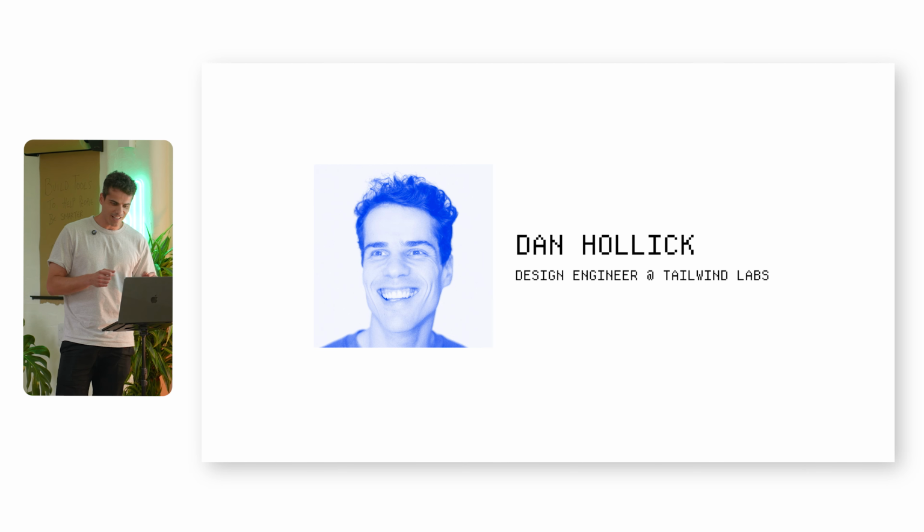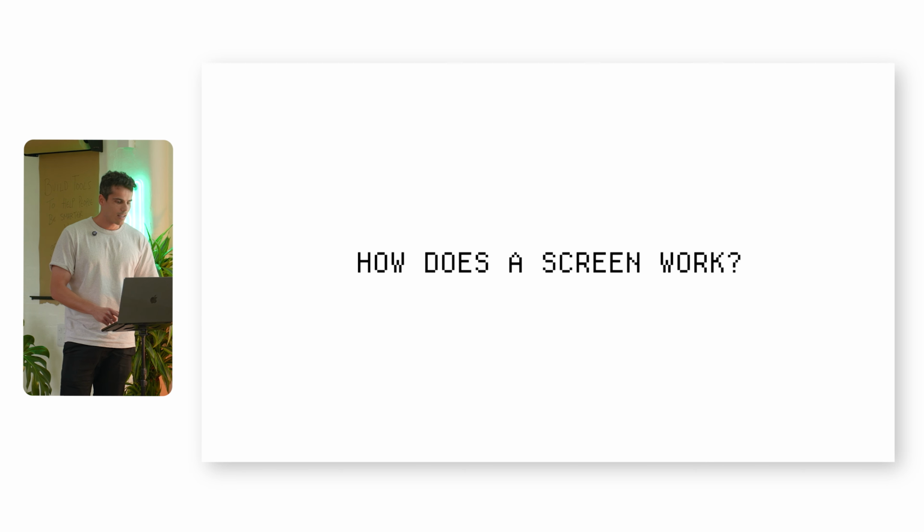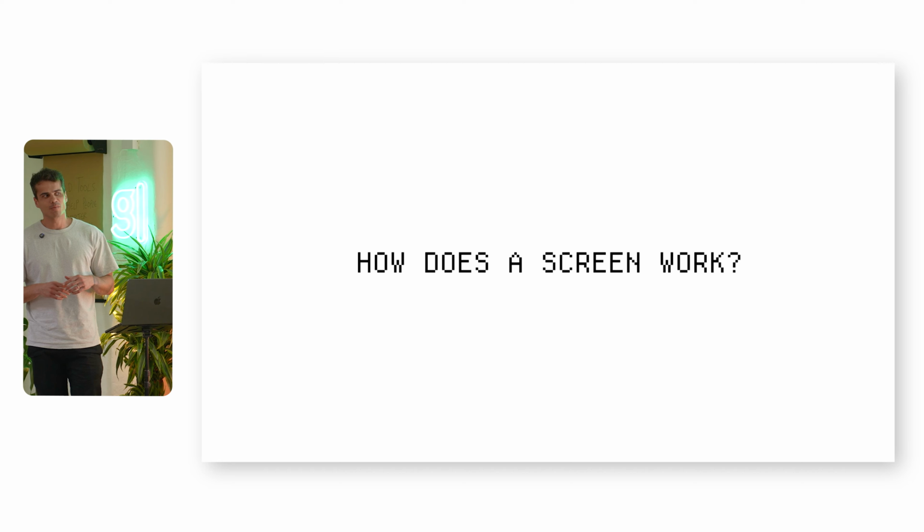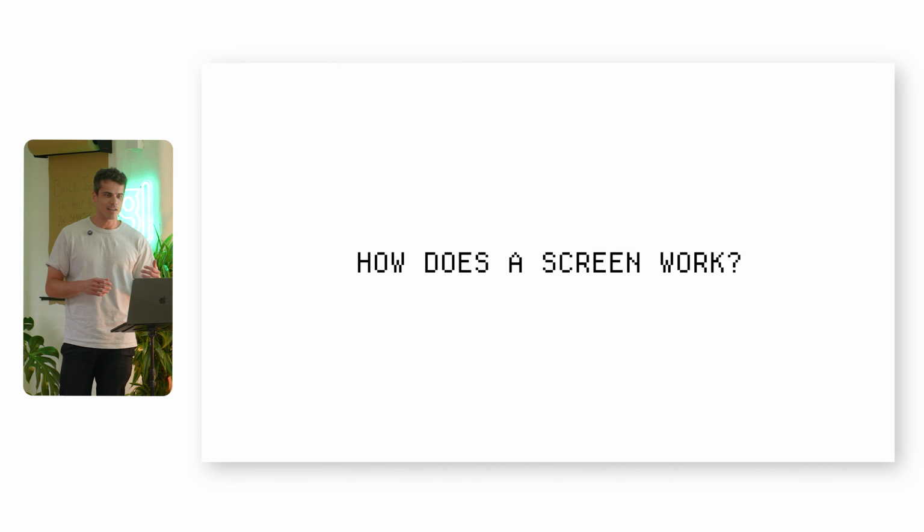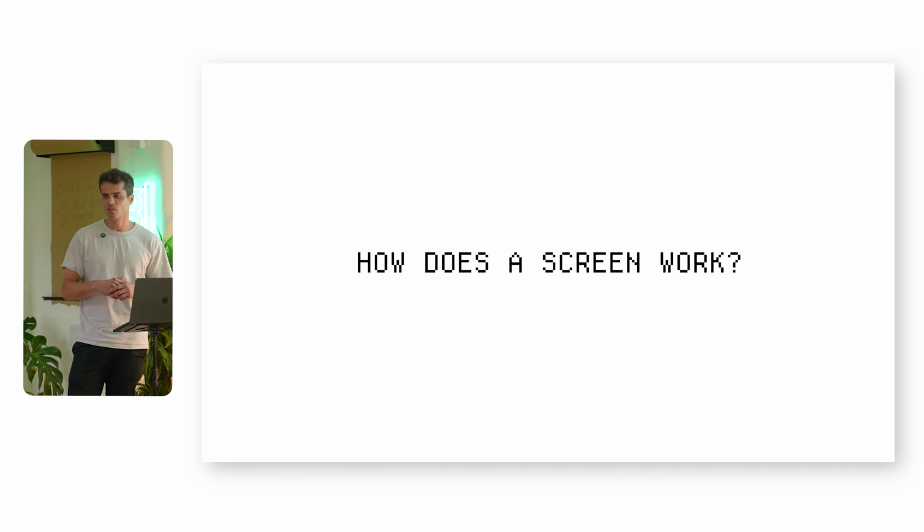So instead, I'm going to talk about something that I've been writing about a lot lately, and that's how a screen works. And I know you're probably thinking, okay, cool, why is this dude talking about hardware at what is essentially a software-based meetup?